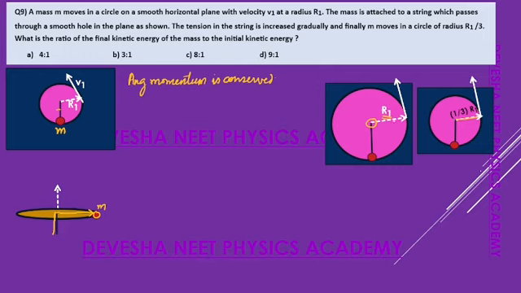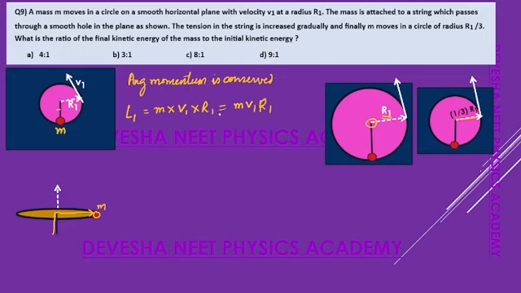When the mass was rotating like this, what was the angular momentum? I can say L1 is equal to m, moving with velocity v1 and radius r1. So the initial angular momentum is m v1 r1.